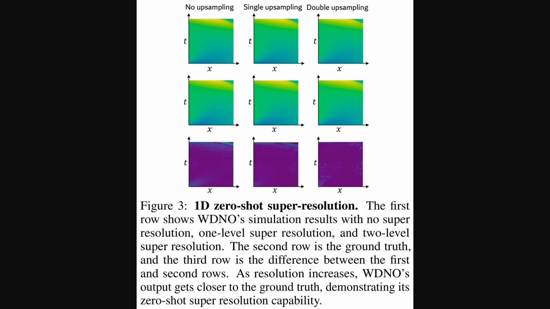So, what you can see is, as we move to higher resolutions, going from left to right, the WDNO prediction in the top row gets visually closer to the ground truth in the middle row. And importantly, the error shown in the bottom row gets smaller, indicated by the darker colors. This really highlights how the model generalizes to finer resolutions it wasn't explicitly trained on.